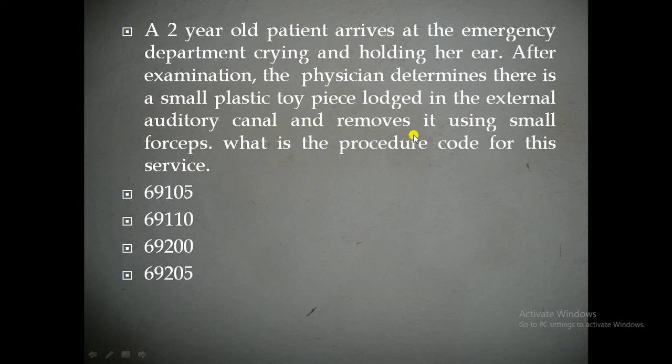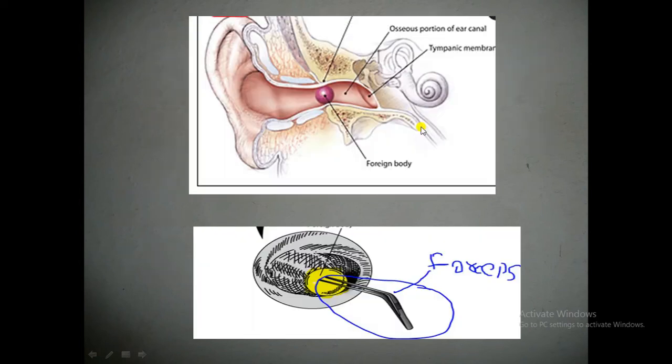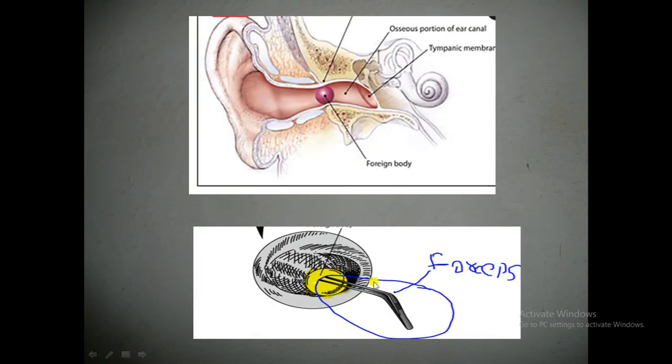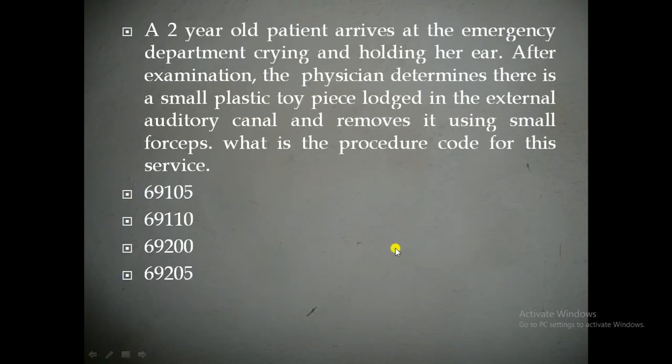So the method is this one, right? 69200. Here the physician is removing the foreign body from the external auditory canal. He is not giving any anesthesia, right? And with the help of the forceps the physician is removing the foreign body. So what is the procedure code for this service? Like this the question will be.